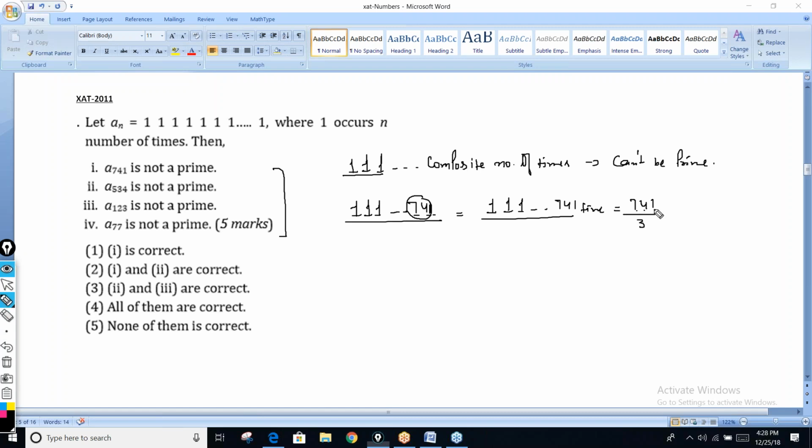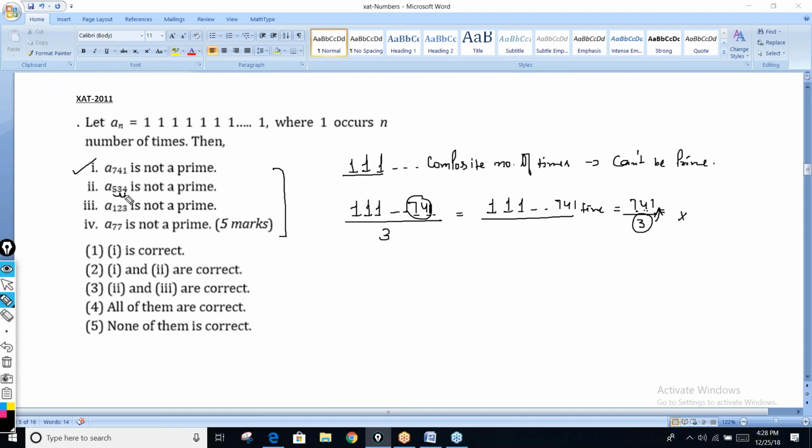For 3 you know the rule, the sum of the digits, so it becomes 12, and 12 is divisible by 3. So 741 is divisible by 3, and if it is divisible by 3, it cannot be prime. So it's not a prime. It's a correct statement.